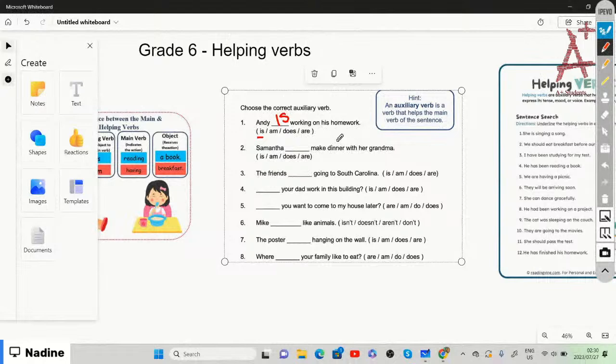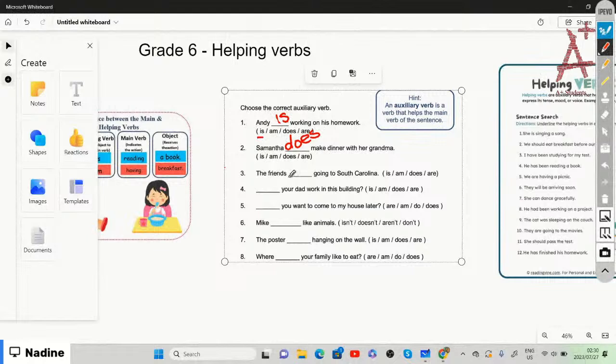So Samantha is, we can't say Samantha is. We can't say Samantha am. So we will say Samantha does make dinner with her grandma.